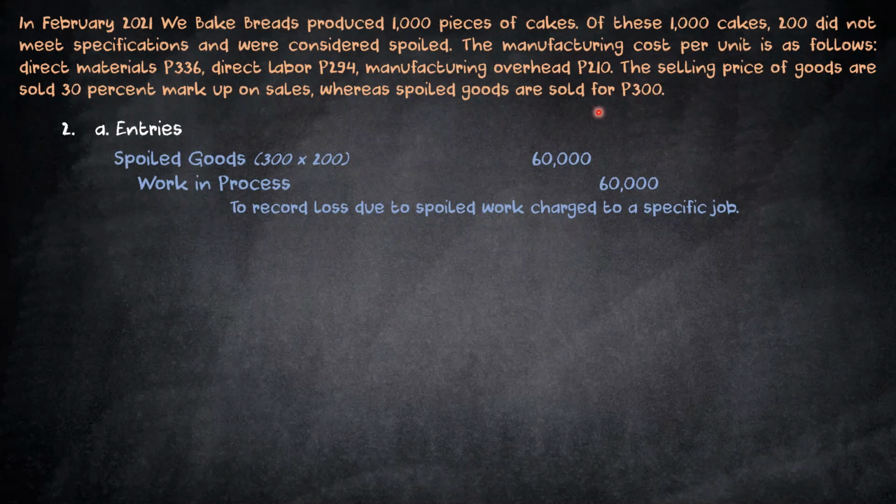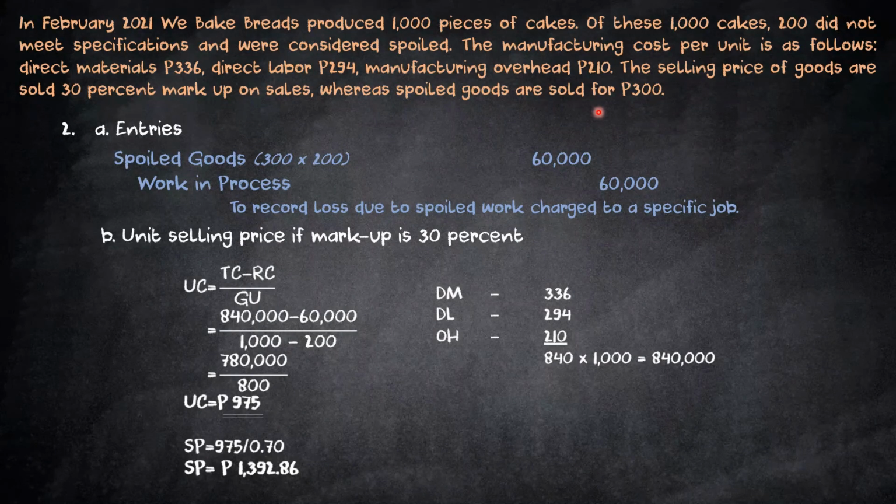Next, let's proceed to letter B. Unit selling price ulit if markup is 30%. So, magkakaroon po tayo ng onting changes dito sa ating computation. Ang unit cost natin would equal now to total cost minus recovered cost na lang over good units pa din.